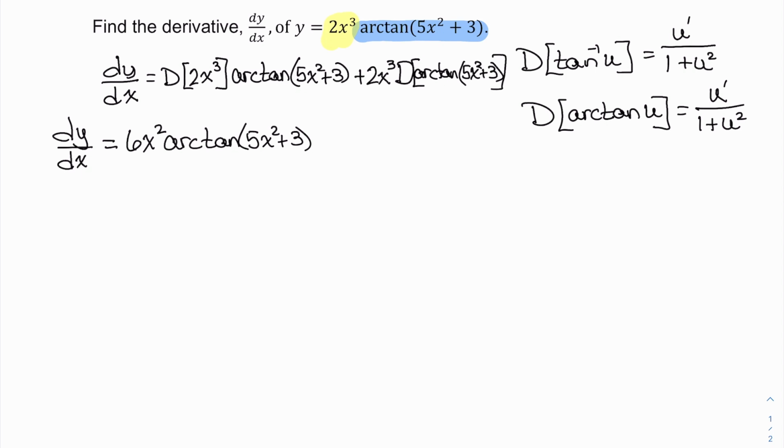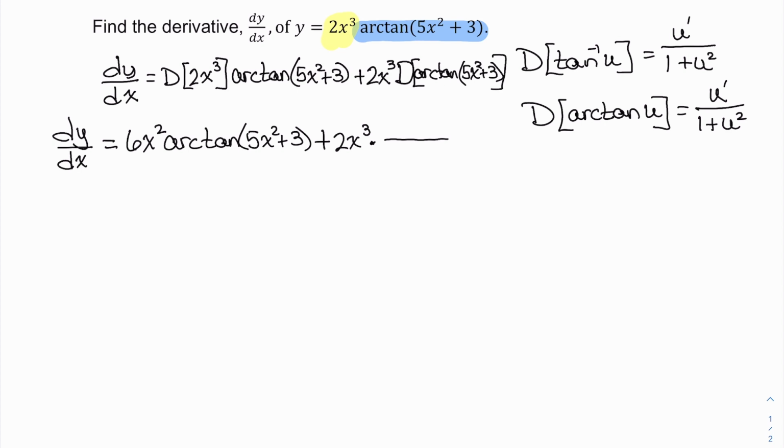And then plus, keep the 2x cubed, and this time multiply by the derivative of arctan of the 5x squared plus 3. So u here is 5x squared plus 3. So we have our fraction. In the numerator is the derivative of what's being acted on.